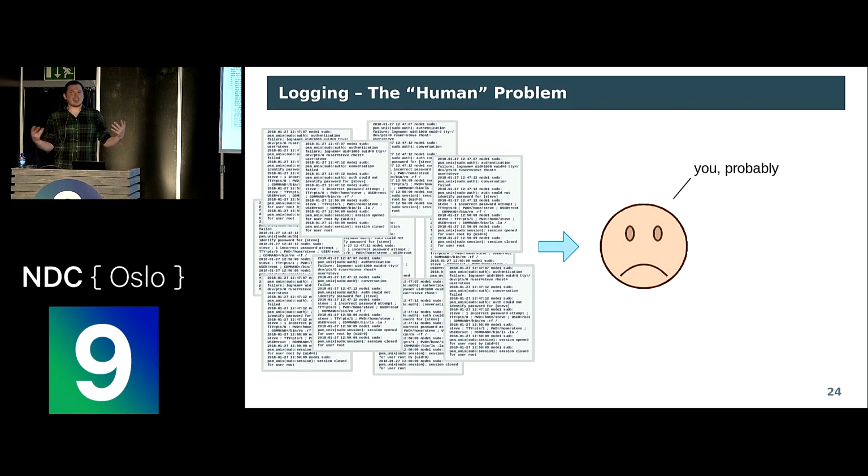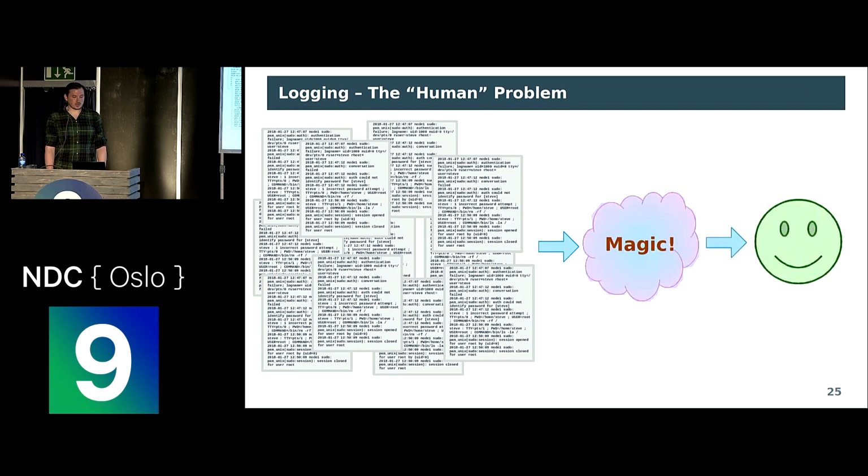So the way we have been trying to resolve this is with magic. We process all of this data, put it into some really fancy database, put it through all these text parsers. Maybe we're using machine learning on it now because you should be.